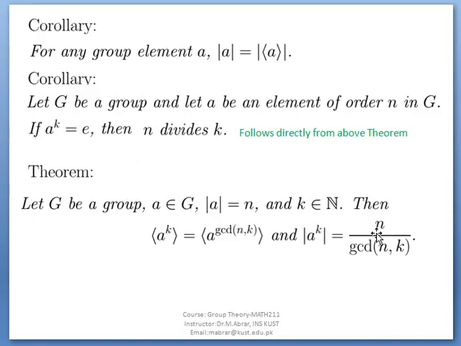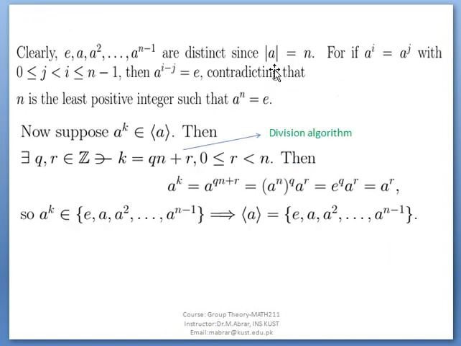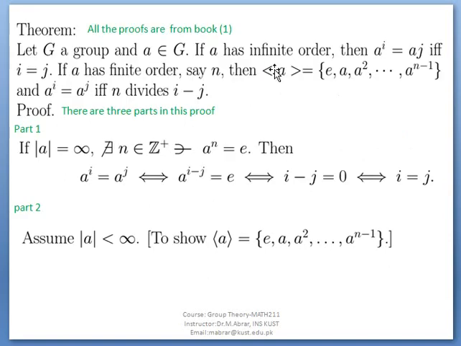We have a short corollary that's quite simple. If we take any element A, then the order of A and the order of the cyclic group generated by A are the same. So it immediately follows from the second part of this theorem.